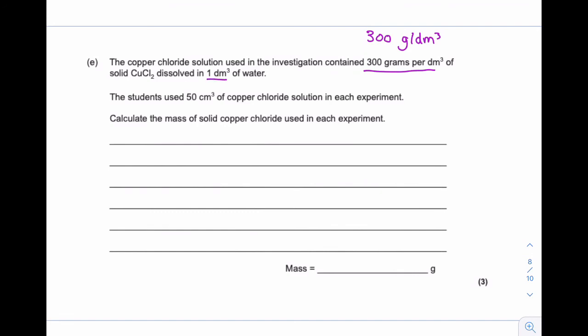The students used 50 centimetre cubed of copper chloride solution in each experiment. Calculate the mass of solid copper chloride used in each experiment. So what you need to do is work out the volume in decimetre cubed, and then multiply it by the concentration, which will give you the mass for that volume. So have a go yourself at that one.